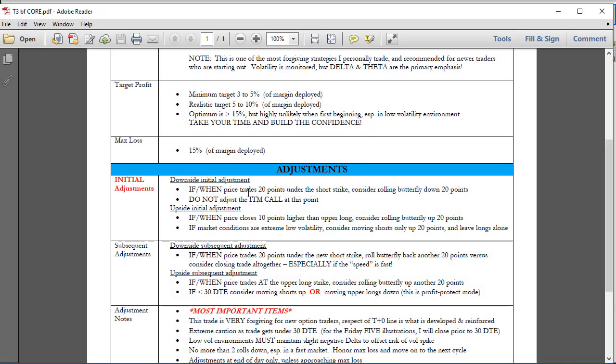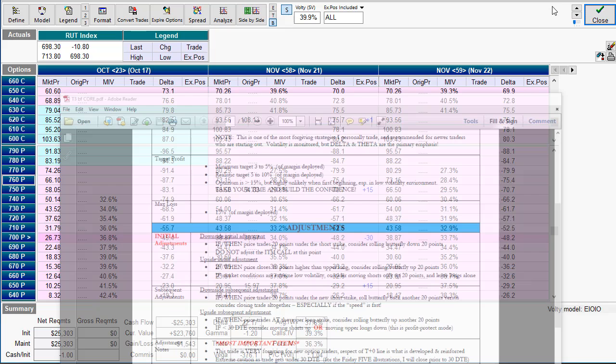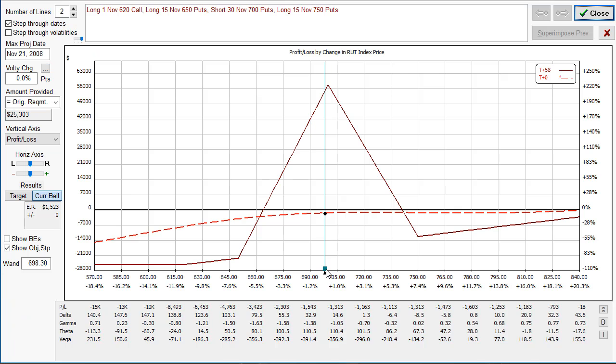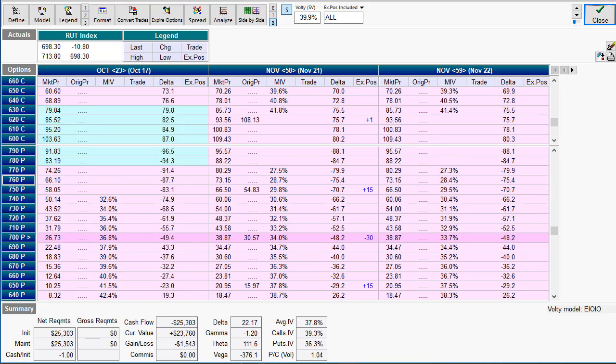So initial downside adjustment, if when price trades 20 points under the short strike, consider rolling butterfly down. We're at the short strike right now. We're a third of the way to hitting our maximum loss. We go from 700 to 680. We're still not at our maximum loss, but maximum loss is fast approaching. Okay, so we'll go a couple more days.